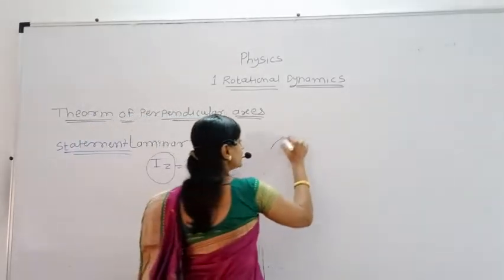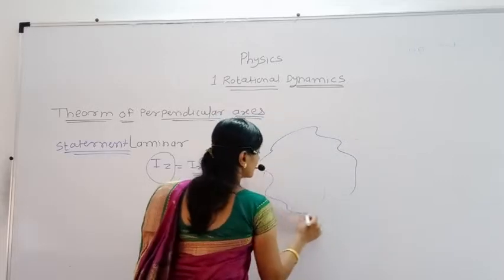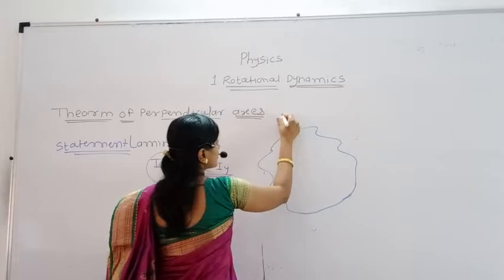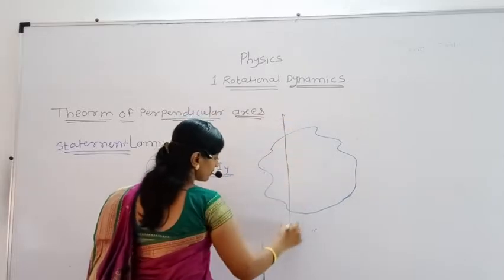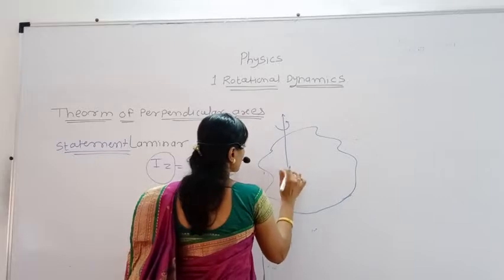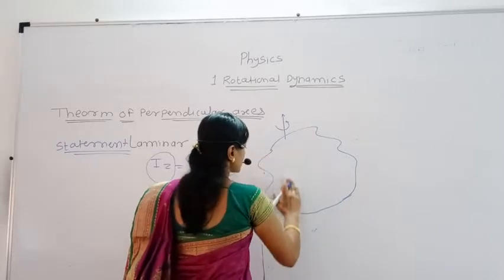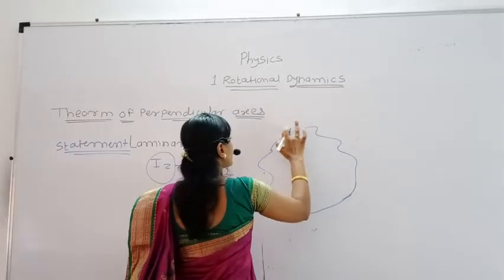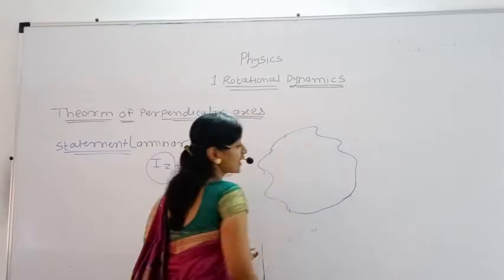Now if we draw the diagram, consider a rigid laminar body. That laminar body is able to rotate along three axes.